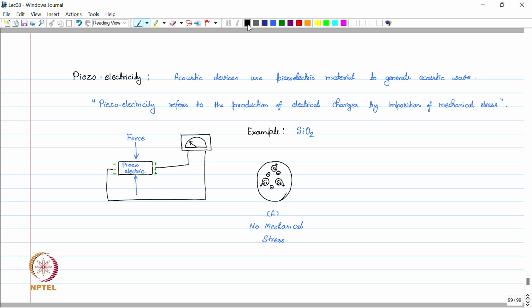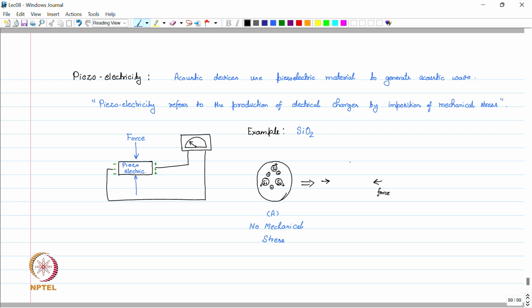Now, to this material we apply a mechanical stress. For example, we apply a compressive stress. We are applying a force which is compressing this crystal lattice from both sides. Let us say from left and right we are applying some force. So, the crystal will become something like this: in the x direction it will squeeze, and in the y direction it will come out, it will expand.